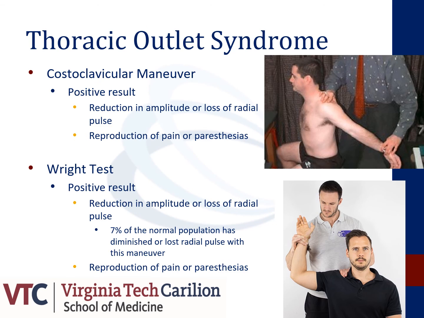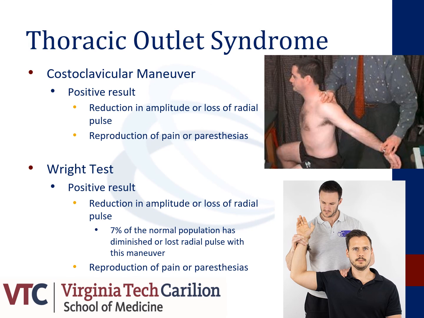It is important to note, though, that 51% of the normal population will have a diminished pulse with the Adson maneuver. The costoclavicular maneuver occurs when the examiner is palpating the radial pulse and then draws the patient's shoulders back and down as the patient lifts their chest. A positive result occurs with a reduction in amplitude or loss of the radial pulse, or reproduction of the pain and paresthesias the patient has been experiencing. The Wright test is performed with the practitioner palpating the radial pulse.